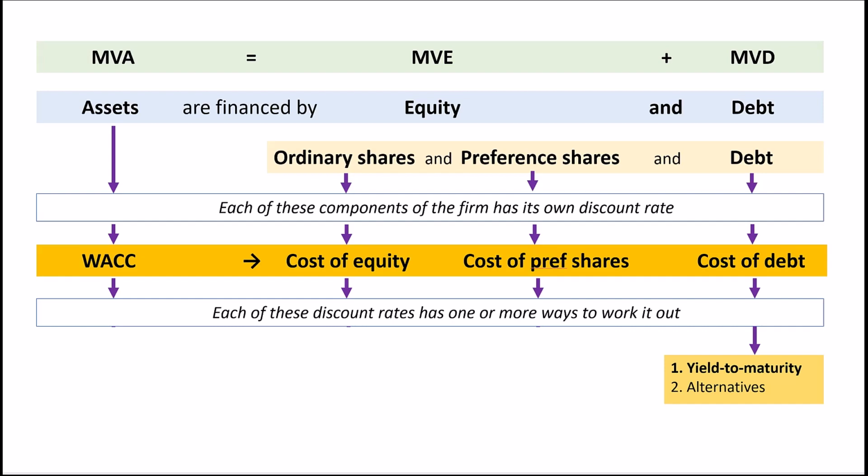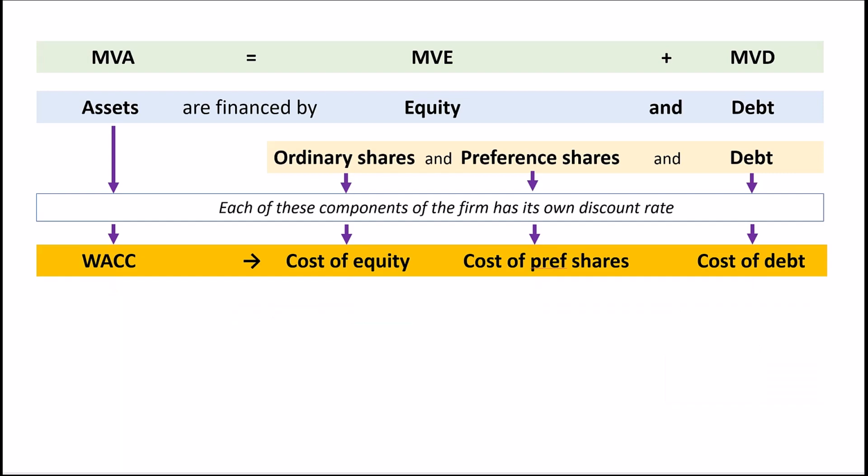The cost of debt is typically calculated by entering these details into a financial calculator, a spreadsheet, or an app and solving for the interest rate, which is called the bond's yield to maturity. The yield to maturity method can be used only when the bond's market value is known, which means that it has to be traded in an active market. If this is not the case, there are alternative methods for estimating the cost of debt.